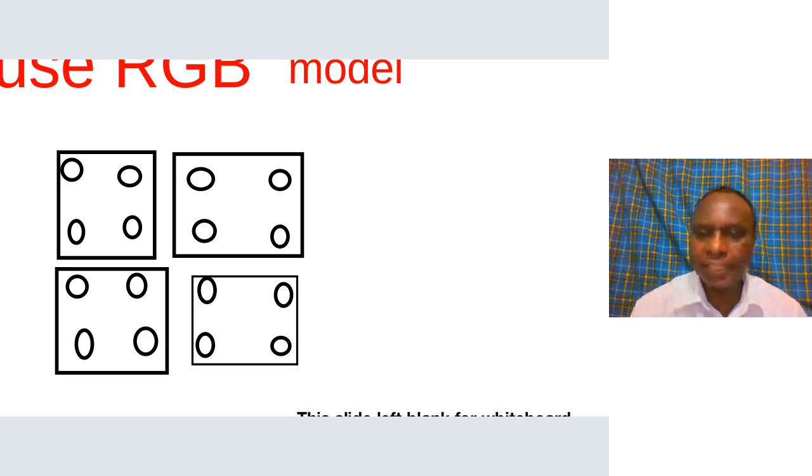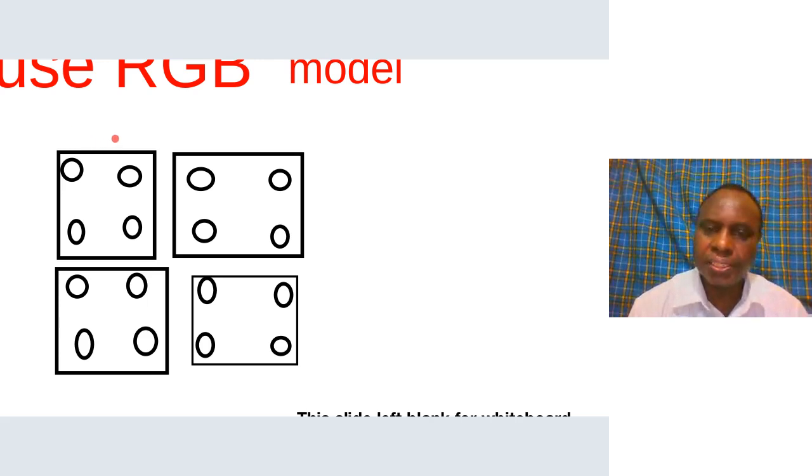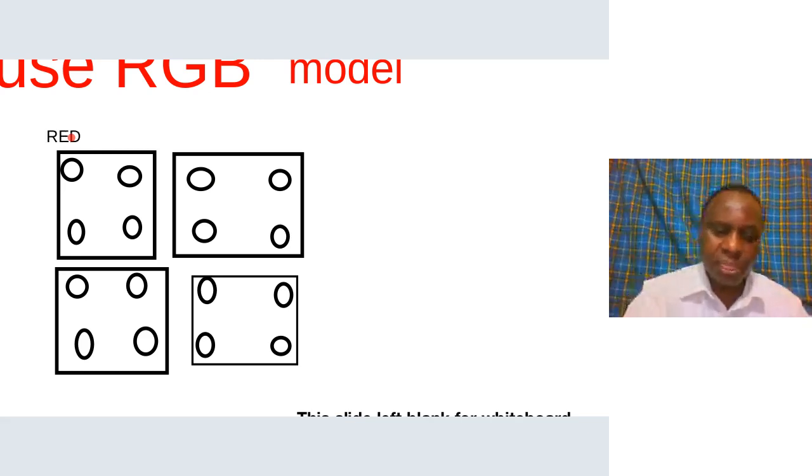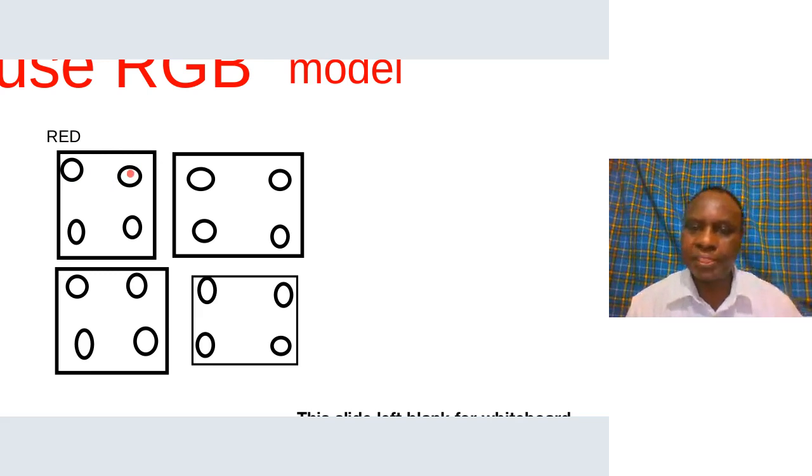So for the sake of doing that in a more complete way, let's write the color for each of these rectangular spaces. We are saying that each of these rectangular spaces is using a code for a certain color. Let's just assume, for the sake of time, that the ones here in this corner are all red. So that space will be red because the points are red, all of them.